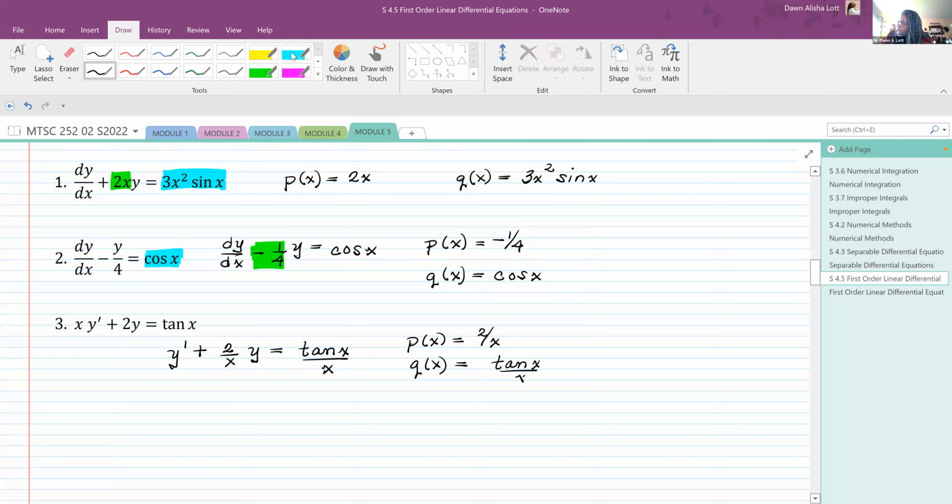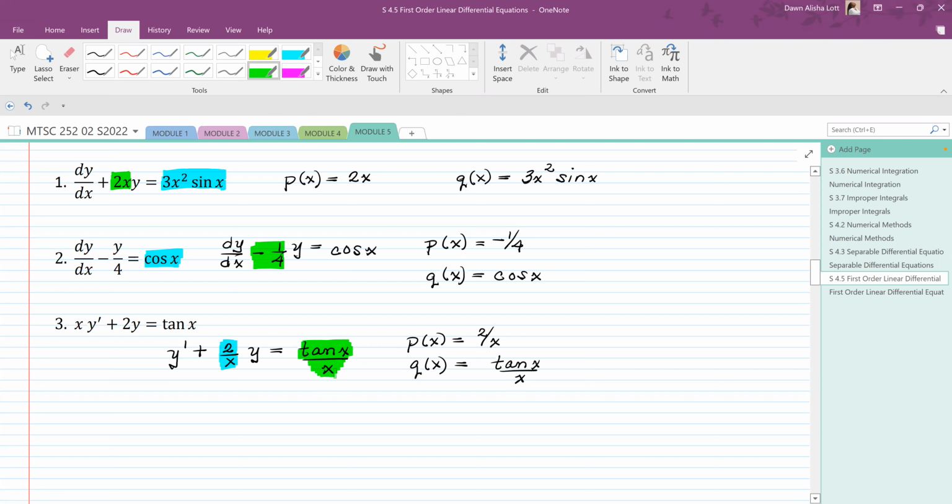Okay, you have to be able to put it in standard form and identify P of X and Q of X. Okay. Any questions? I think I did those in the wrong color. P of X was blue and Q of X was green.